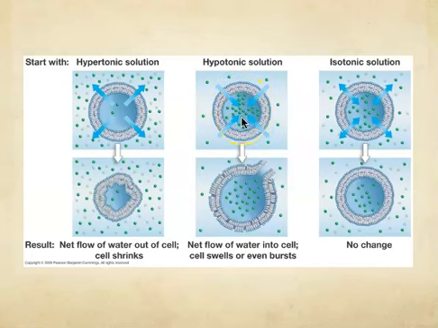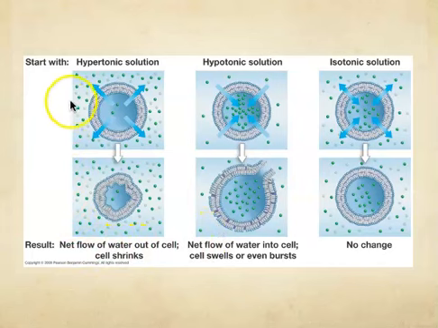So over time, what will happen is this cell will start to swell and eventually it will rupture. We give that rupturing event a name. We call that lysis. So you can imagine this is devastating for a cell. This will kill a cell. And this is something you would want to avoid.